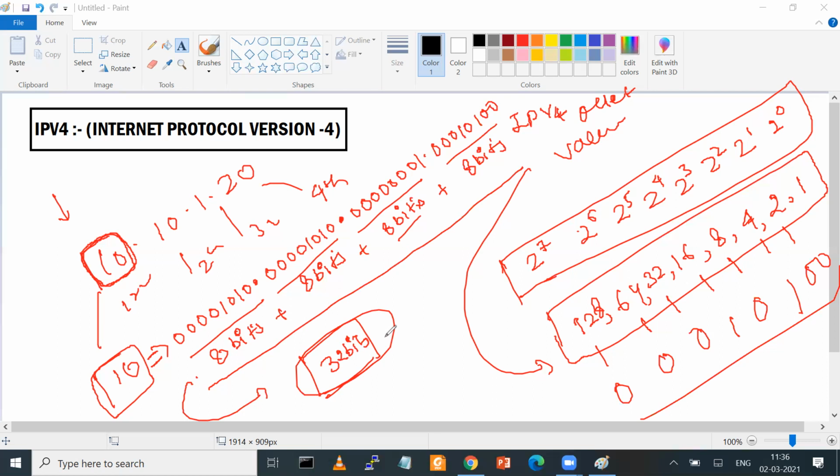Because each number has an 8-bit combination, and when we convert into binary we get 8 binary digits per number, so it is your 32-bit address.